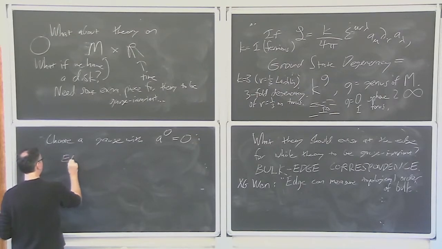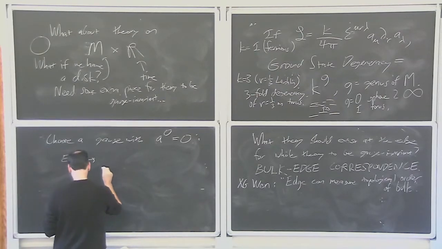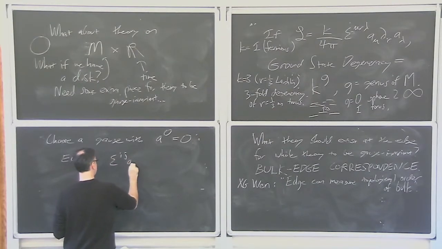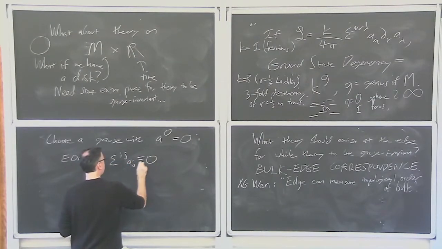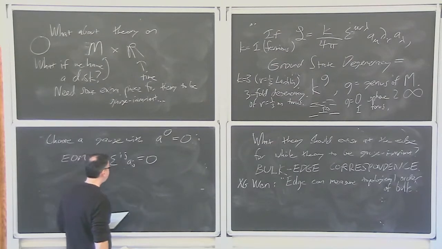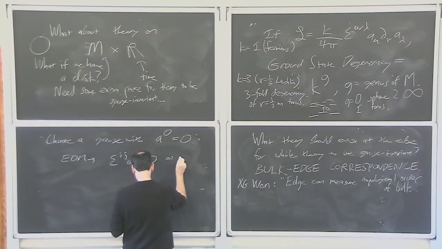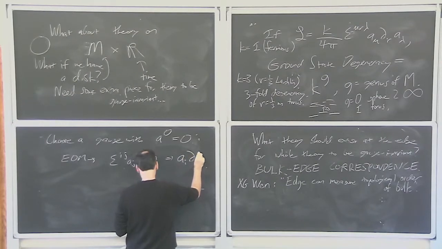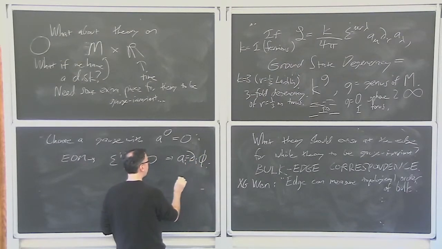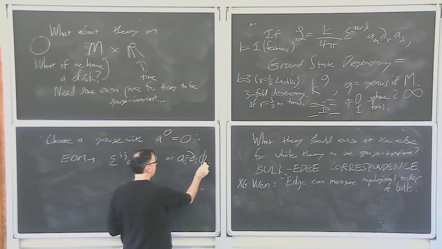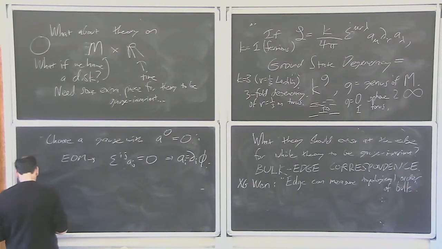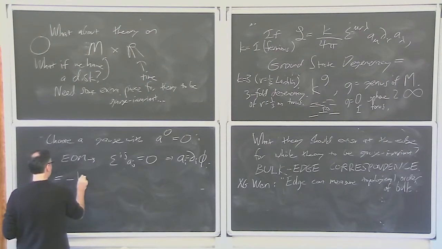Then the equation of motion leads to basically curl of A is zero, and that means I can write A as the gradient of something. So in other words, what I'm saying is I can find a gauge where A is a gradient of a scalar field. And this scalar field is going to turn out to be a free boson that lives at the edge, but it's a somewhat unusual free boson because it only works in one direction.